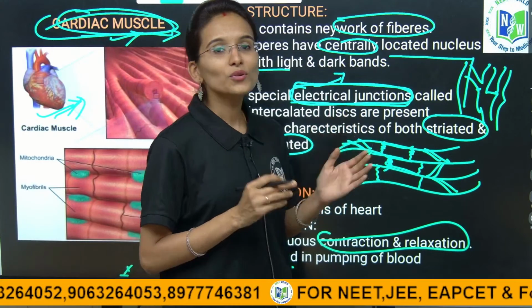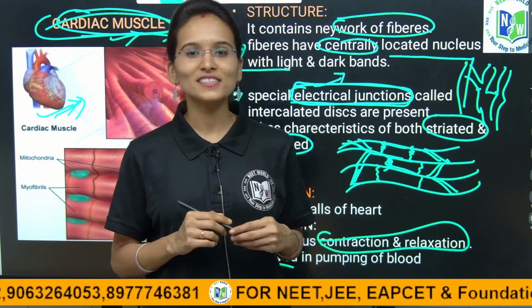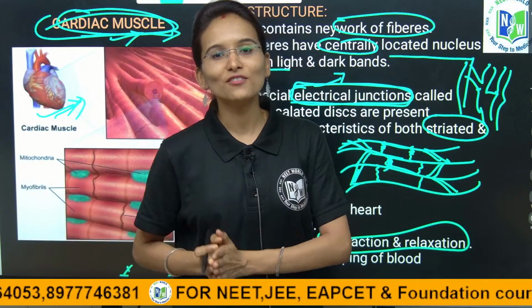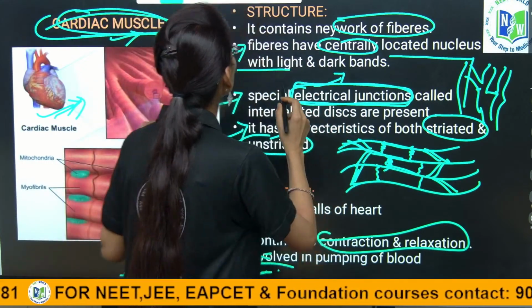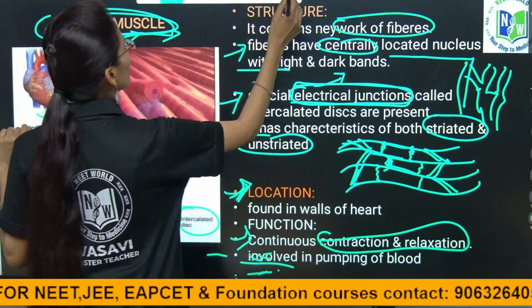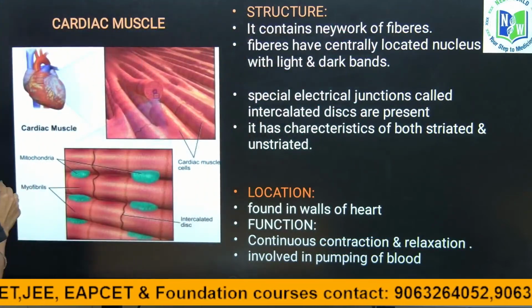Now you have to answer me whether this cardiac muscle is voluntary in function or involuntary in function. I want the answers from you, students. Come on, quickly answer me.